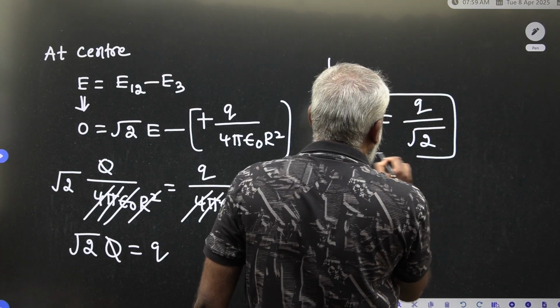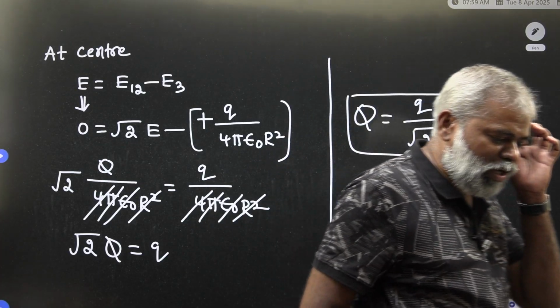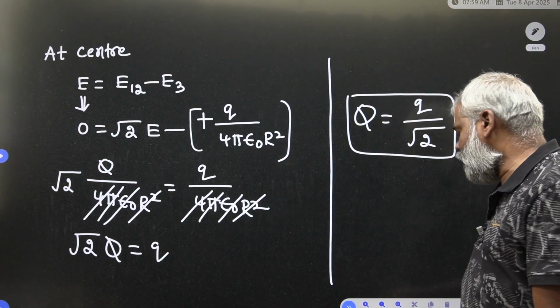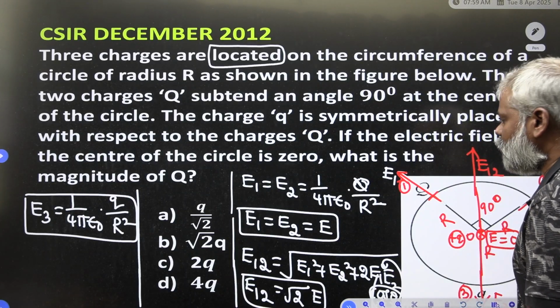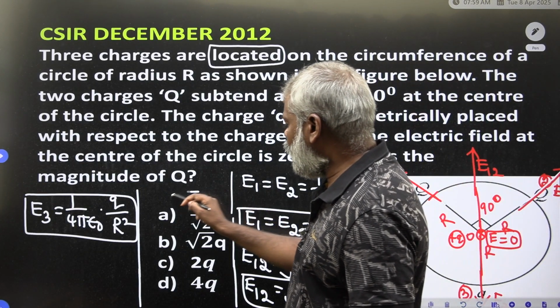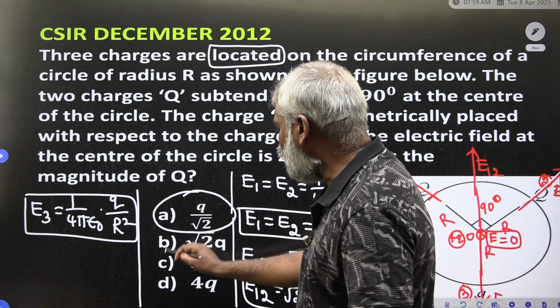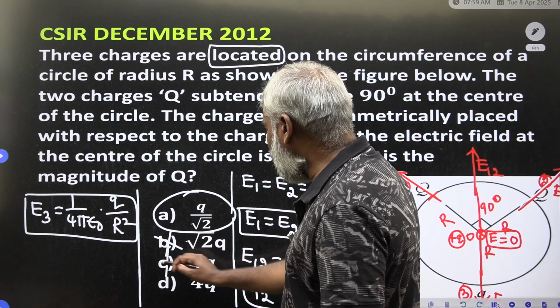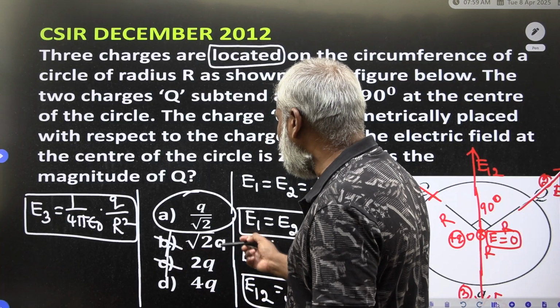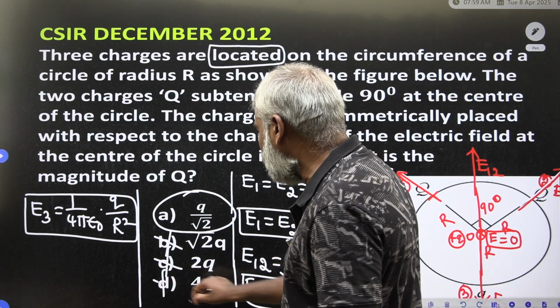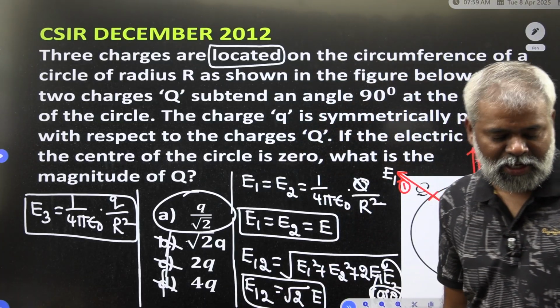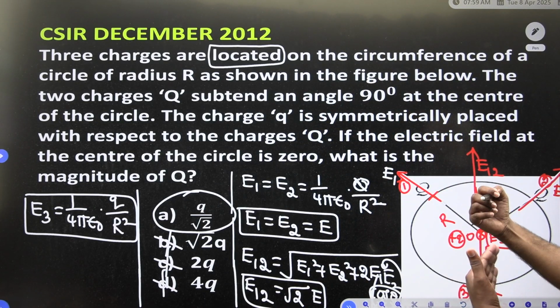So, this is your answer. What is your option? Option A is correct, capital Q is equal to q by root 2. Root 2q is not correct, 2q is not correct, and D, 4q, is also not correct. Option A is correct. How simple it is.